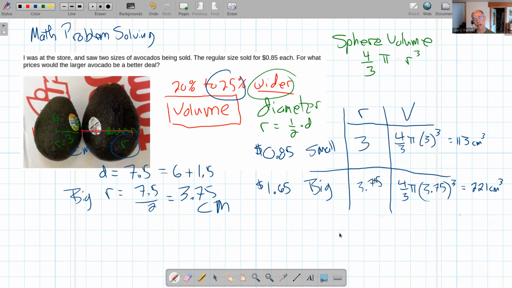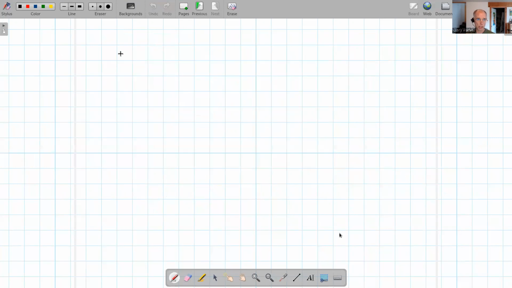So if we want to double check a comparable price, then we would set up a proportion. So I would just compare price to volume. So I know the price of the regular one is 85 cents, $0.85, and I know its volume is about 113 cubic centimeters.